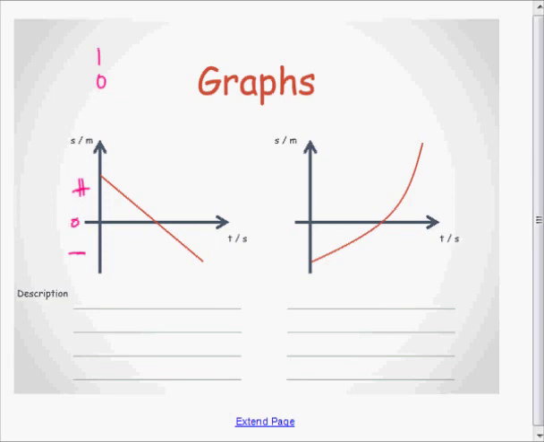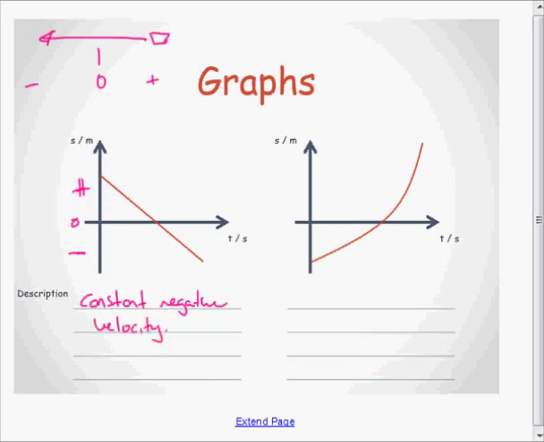So if we take this side here as positive and that negative, our object, our bucket, is going to travel this way at a constant rate. So this is constant negative velocity.